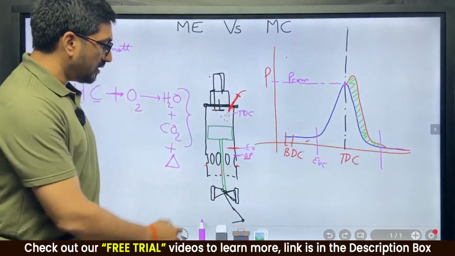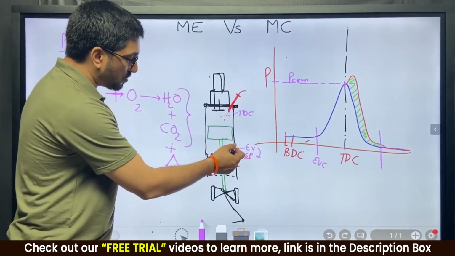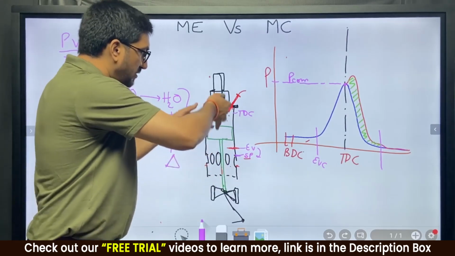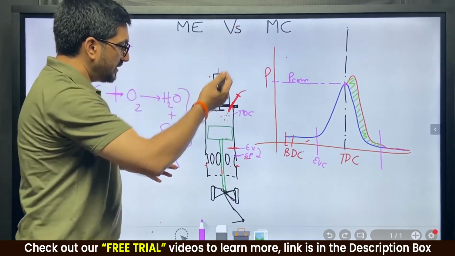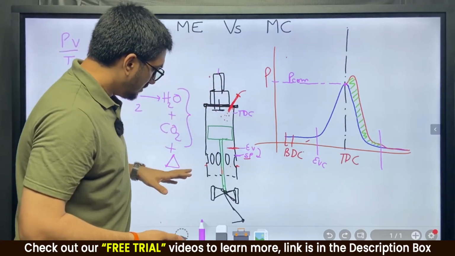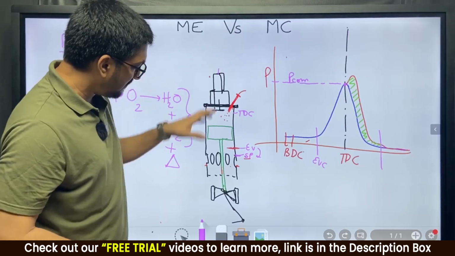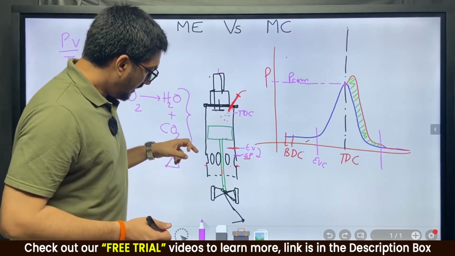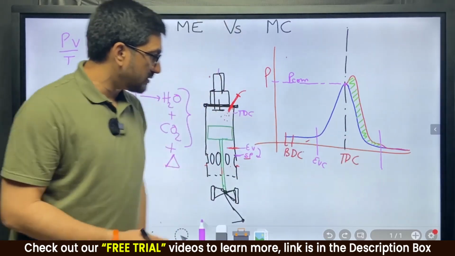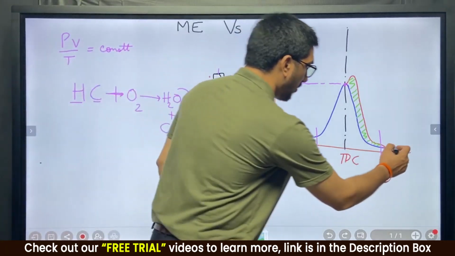Then the scavenge port will open, and when the scavenge port opens, the air will drive out the remaining exhaust gases from the exhaust port. This is the exhaust valve and the exhaust path, and this is how the cycle will complete when it again comes back to the same position, BDC, where it starts from.